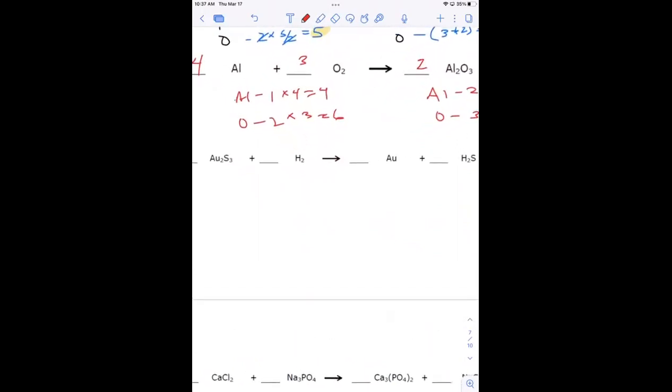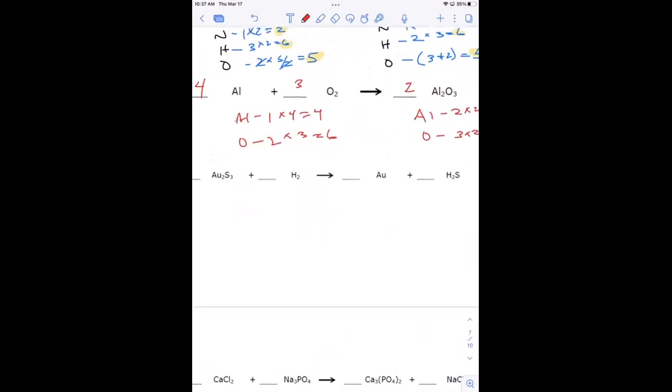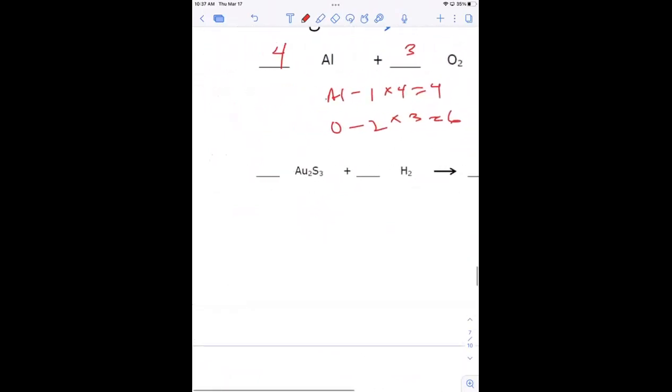Gold sulfide and hydrogen gas gives us gold and then hydrogen sulfide or dihydrogen sulfide. All right, so let's do our inventory. Let me change colors.